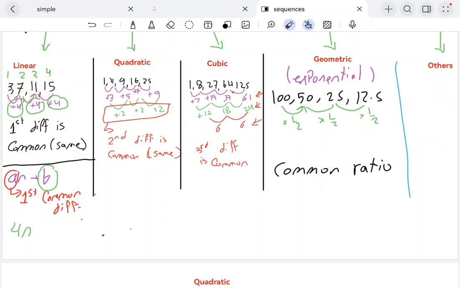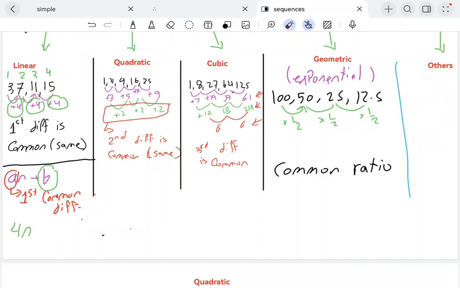So I know that when n equals 1, the term has to be 3. But if I put n equal 1 here, it's going to be 4 times 1 equal 4. It's not going to be 3. So I need to adjust now.